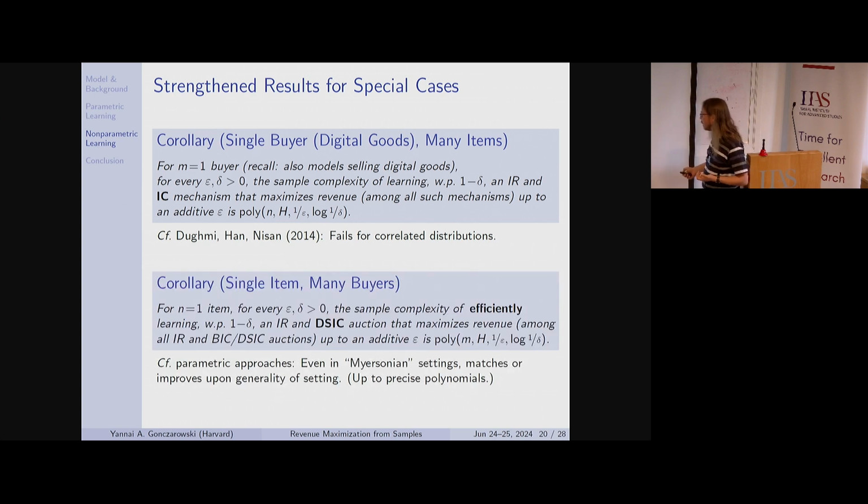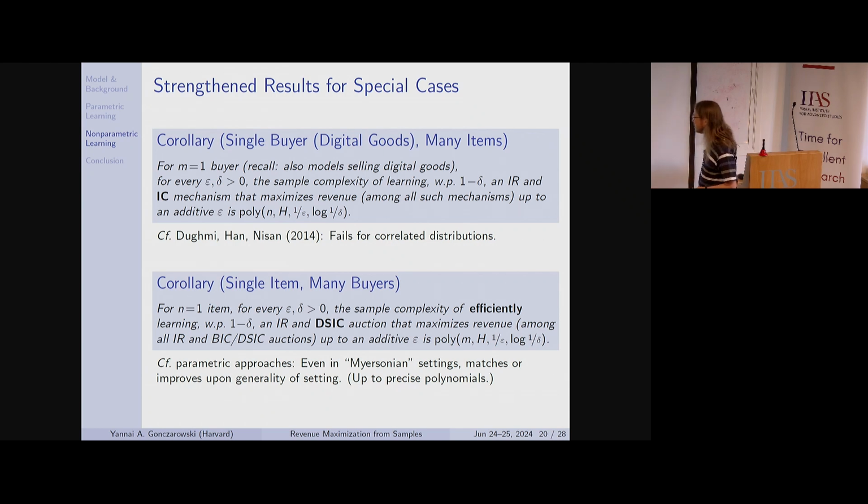Second thing is single item, many buyers. We get DSIC like Myerson gets, and we also get computational efficiency. So in this case, if you compare to the parametric approaches we talked about, it was a corner of the table that was around here.